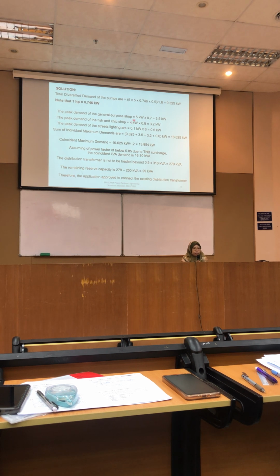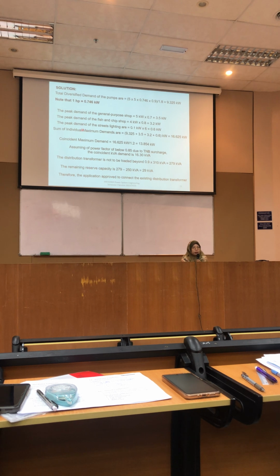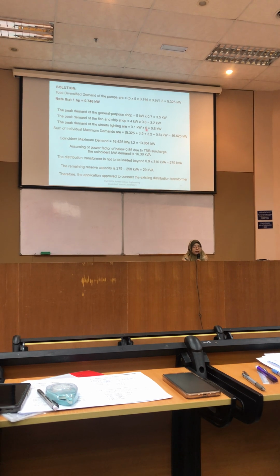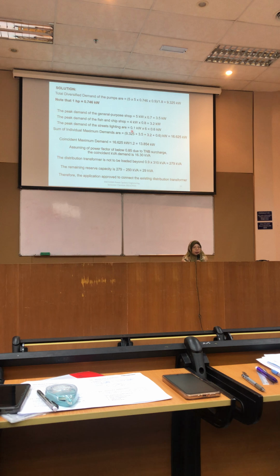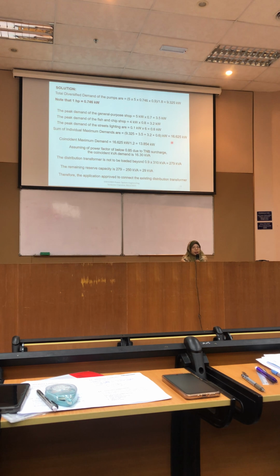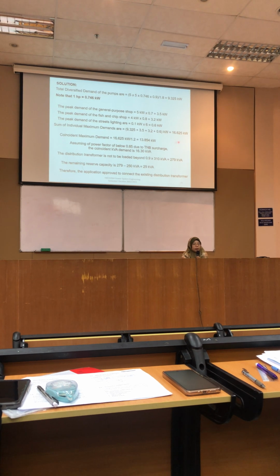Fish and chip shop 4 kilowatt times 0.8, the demand factor. Street lights is 0.1 kilowatt times 6. You have 6 street lights, and the peak demand is 0.1 kilowatt. So you have to sum all the individual maximum demands. You are going to get 16.625 kilowatt.